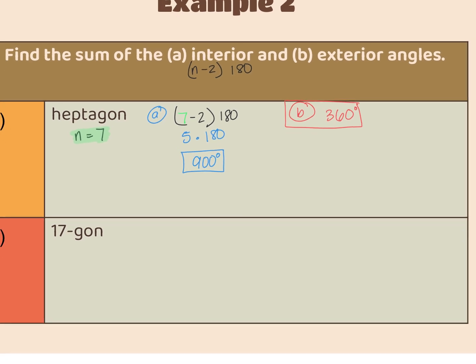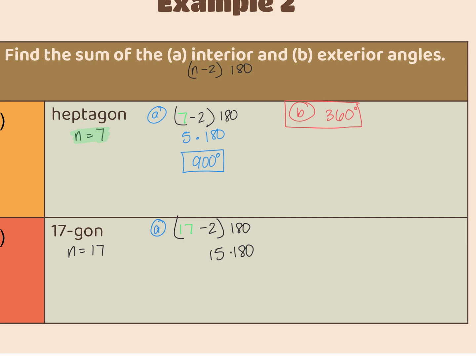So going to the next question, I have a 17-gon. That means the number of sides is going to be 17. And again, I'm going to use the formula. I have 17 minus 2 times 180. I'm going to get 15 times 180.